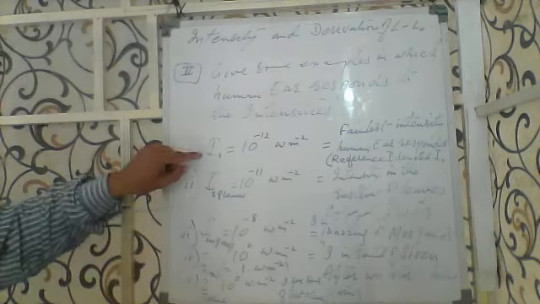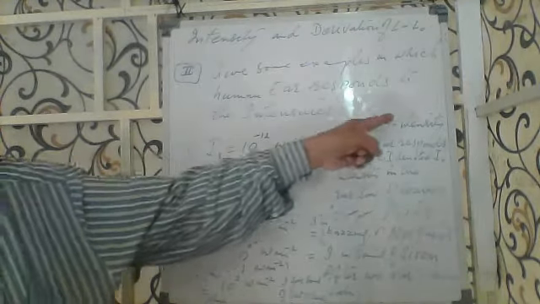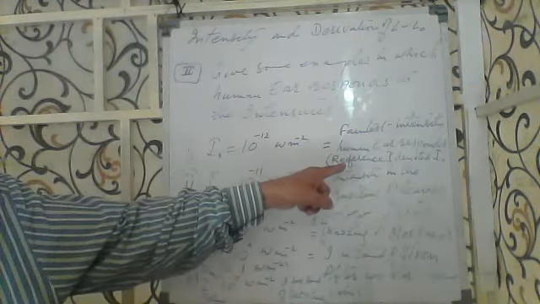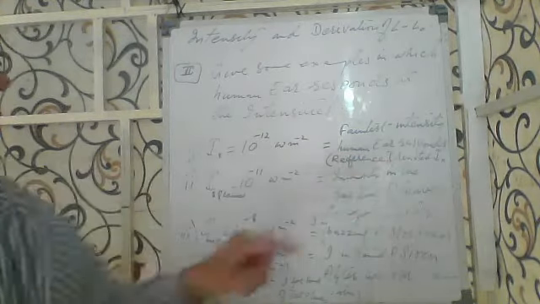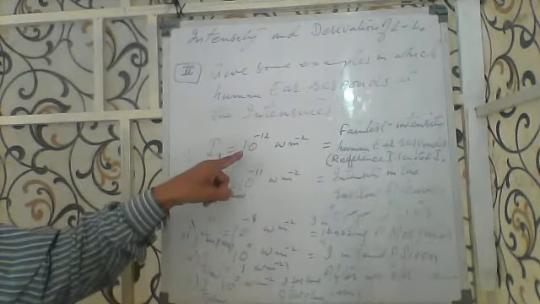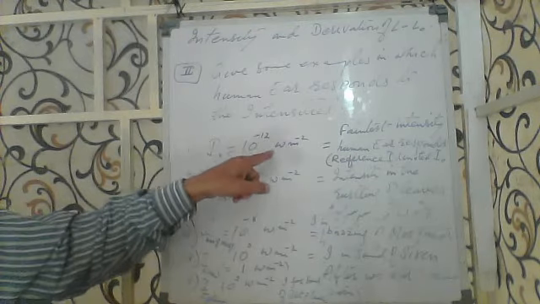So you see, I naught is the faintest intensity, or we call it reference intensity, denoted by I naught, and its value is 10 raised to power minus 12 watt per meter square.